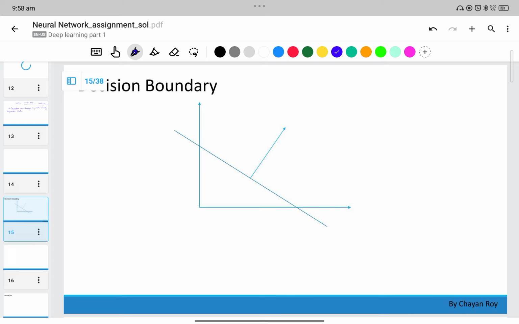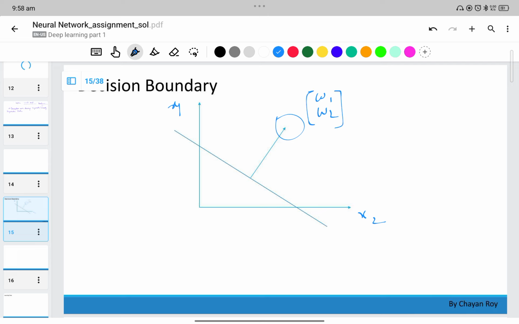Now we will talk more about the decision boundary. Let's say this is the boundary we got. This axis is x2, x1. This direction will be the w1, w2 vector.